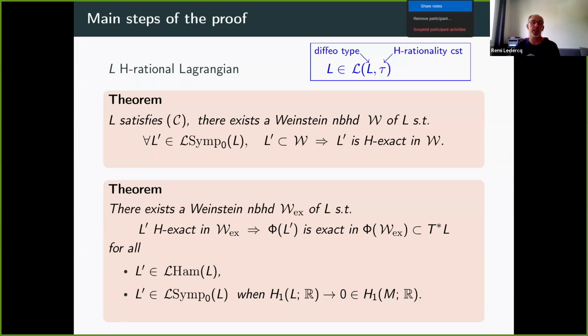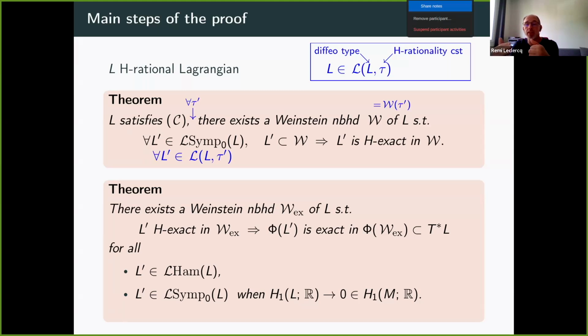And what we prove is that we can replace the symplectic orbit of L by actually the set of Lagrangians which are the same diffeomorphism type of L, which are H rational with the fixed H rationality constant, but which doesn't have to be that of L, funnily.